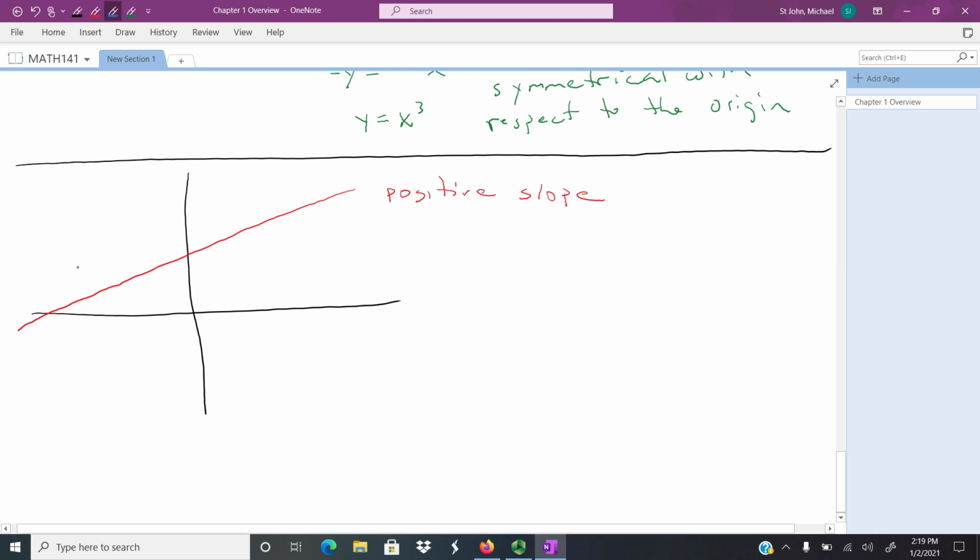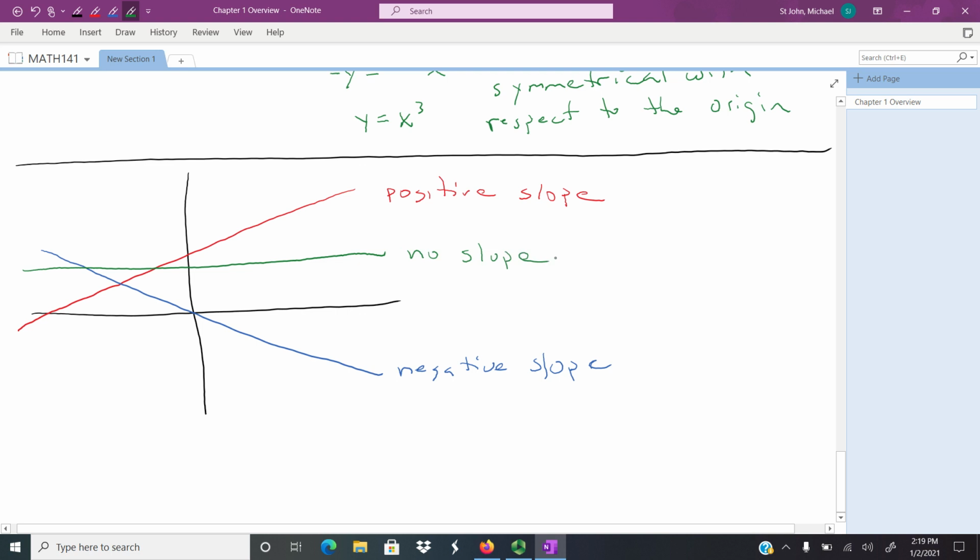I could have a line that's going like this. This one has a negative slope. Again, when you're going from left to right, you're going downhill. You could have a line that's going like this. So this has no slope. And then you could have a line going like this, which has infinite or undefined slope.